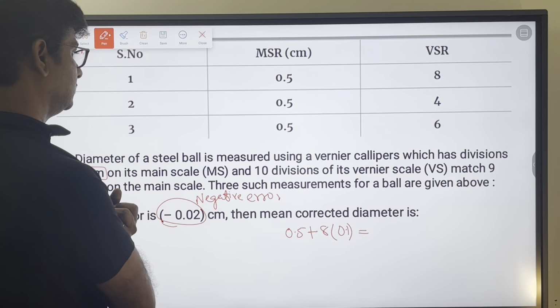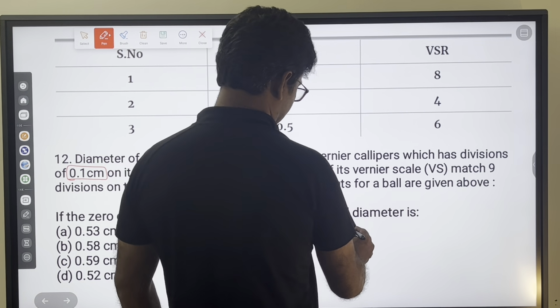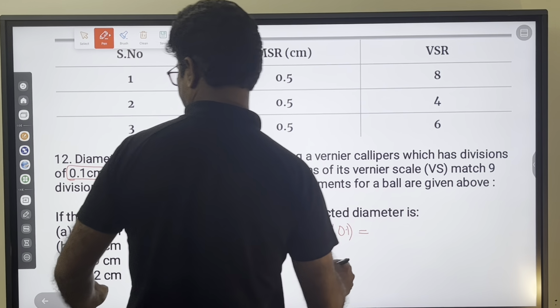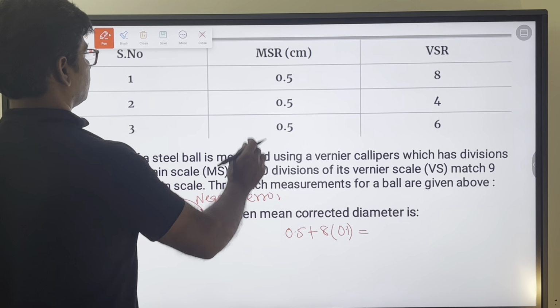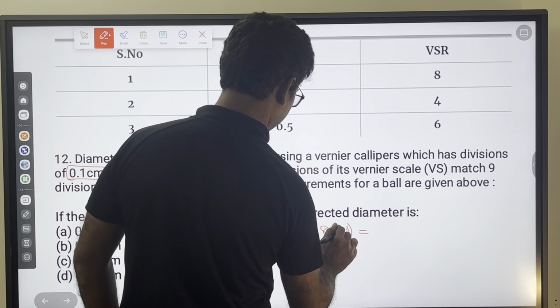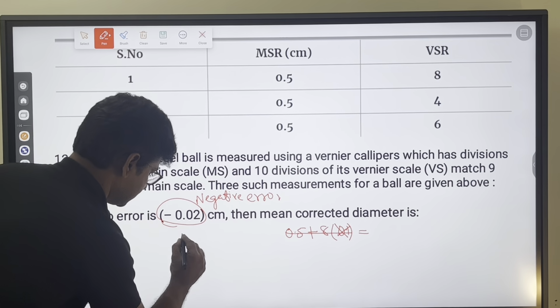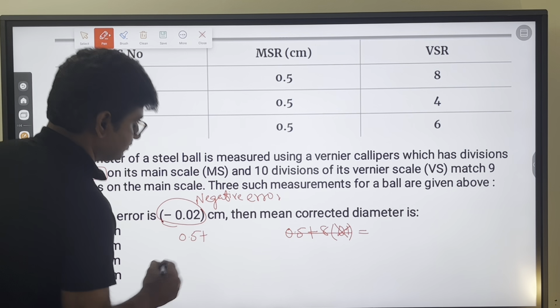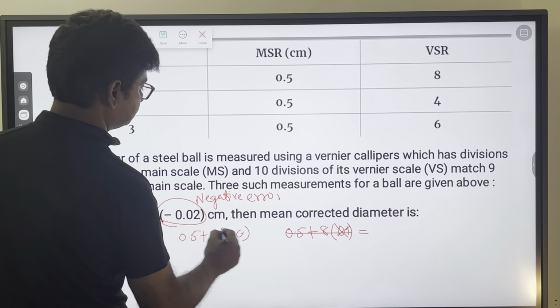So you have to find the least count, right? This is 0.5 plus 8 into least count.